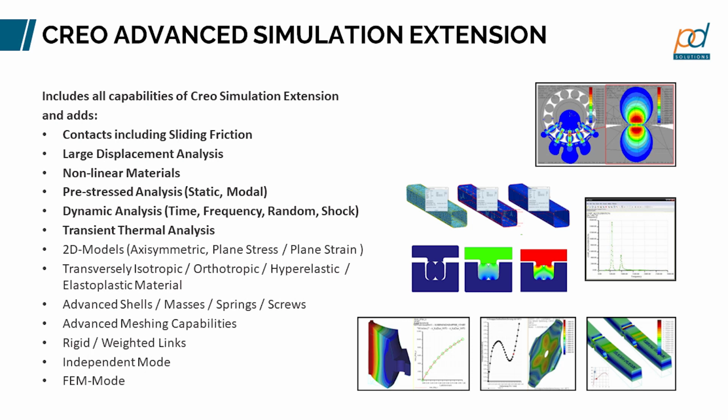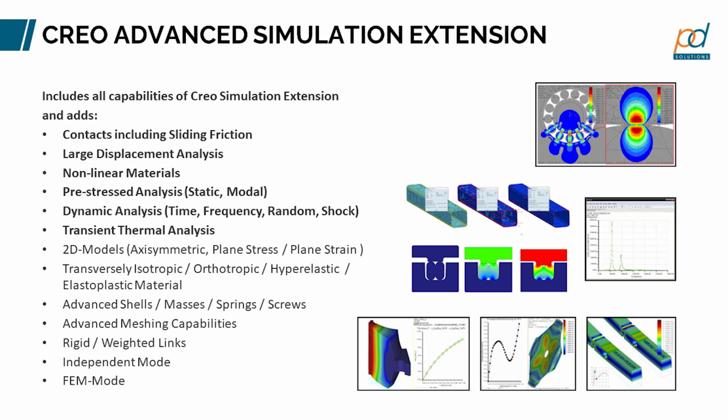And also the thermal analysis capability that's in the standard package is now transient in the advanced package. And we also have various other supporting things, advanced material models, more advanced idealizations, things like screws, bolts with pretension, all kinds of things like that. And also from this version, you can also export models directly into Nastran or Ansys if you want to.